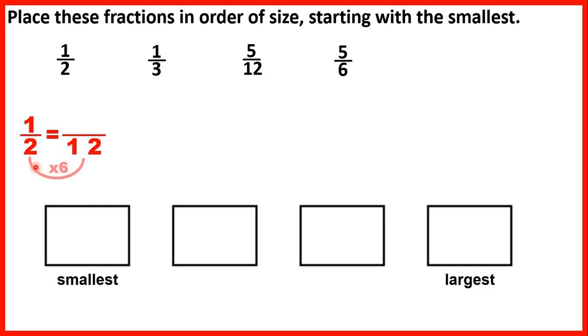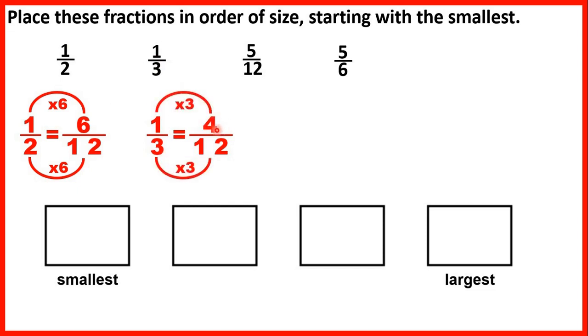We can use multiplication. 2 times 6 is 12, and what we do to the denominator, we do to the numerator as well, and 1 times 6 is 6. So 1/2 is equivalent to 6/12. We can find an equivalent fraction for 1/3, so that's 4/12, and for 5/6, which is 10/12.